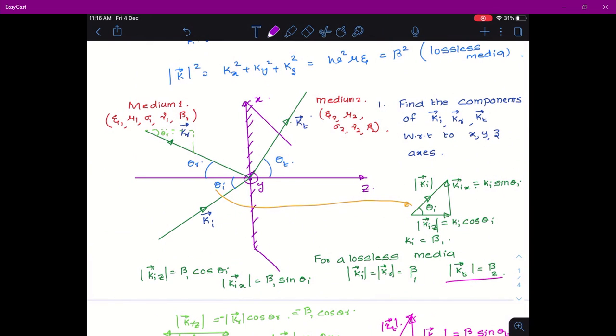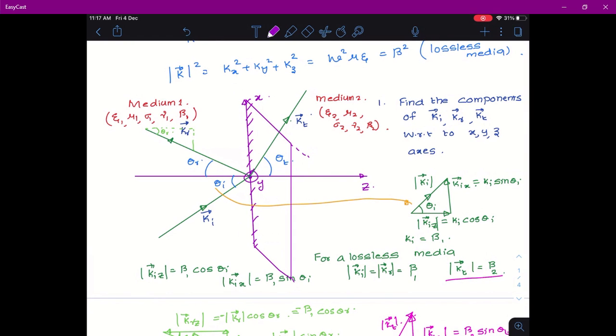So this is the plane, which will extend to infinity, and there is a corresponding plane here. Okay. The wave is incident on this plane.